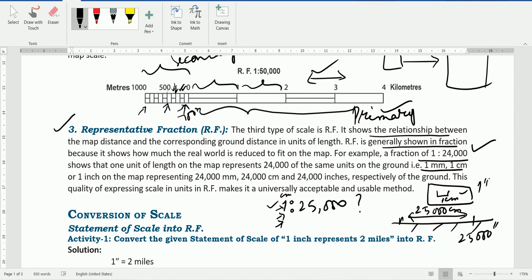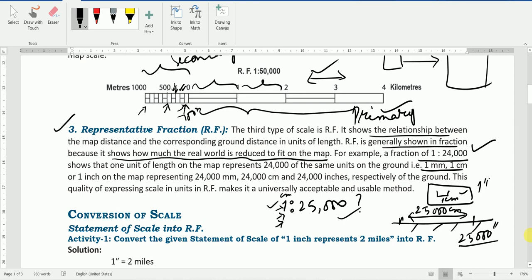In other words, RF shows that a distance of 25,000 units has been reduced to 1 on the map. That means a distance of 25,000 centimeters on the ground has been reduced to 1 centimeter on the map, as given here. It shows how much the real world is reduced to fit on the map.